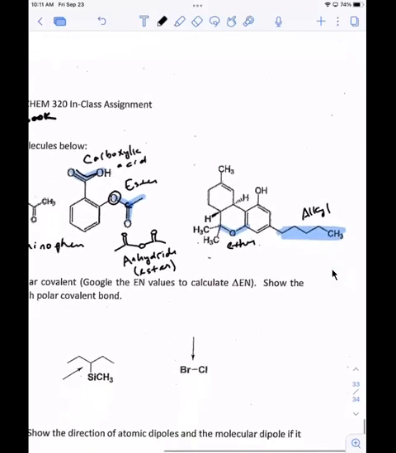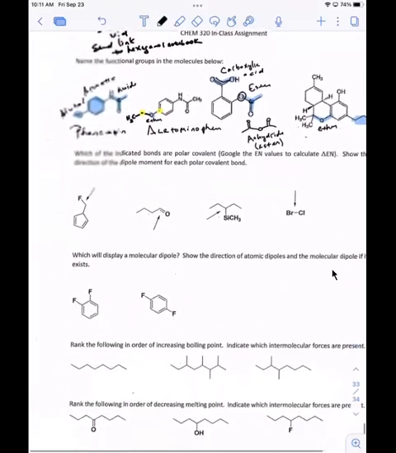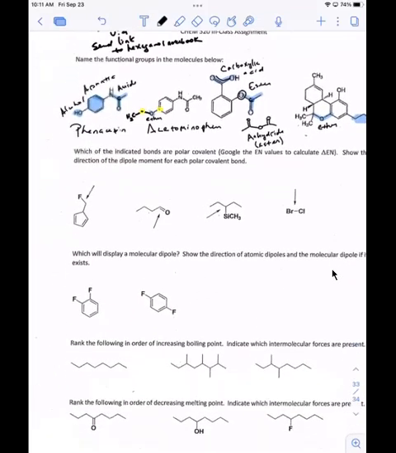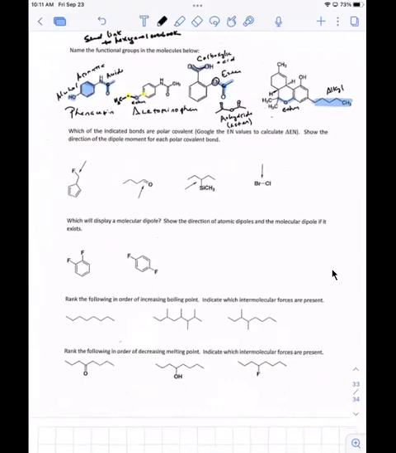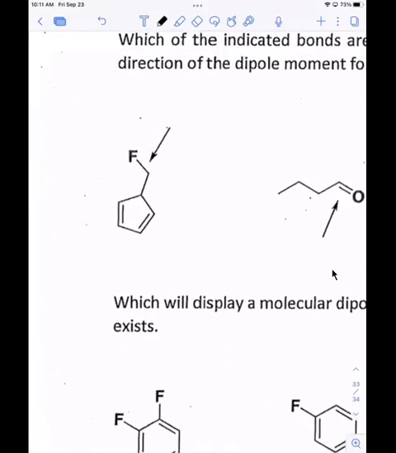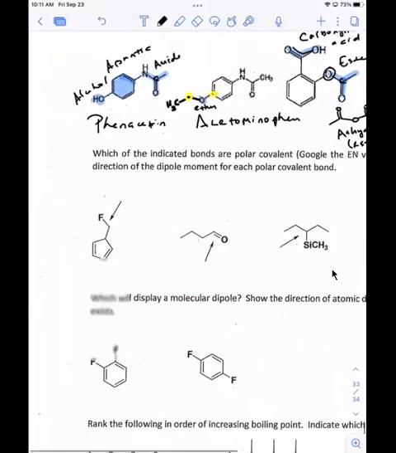All right. So now we're going to shift gears and work through this. I should have pushed this up when we were talking about polar covalent bonds, but it's okay. You can never have enough practice. This is a good warm-up.